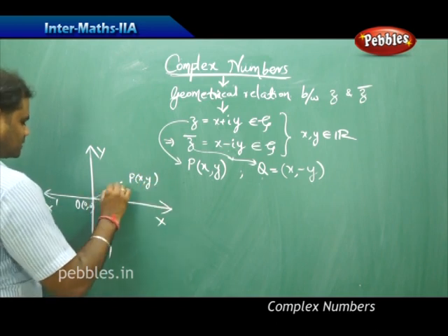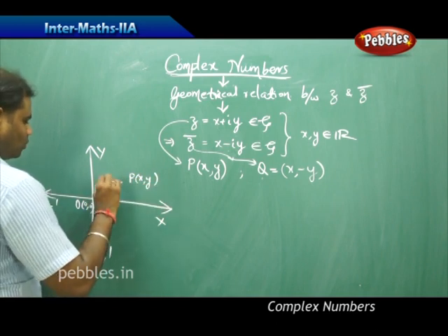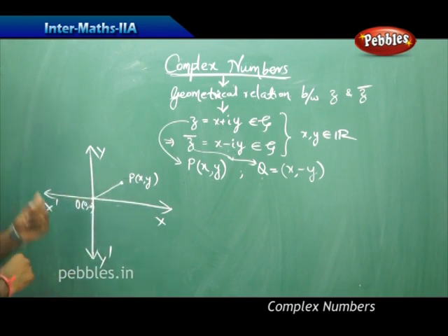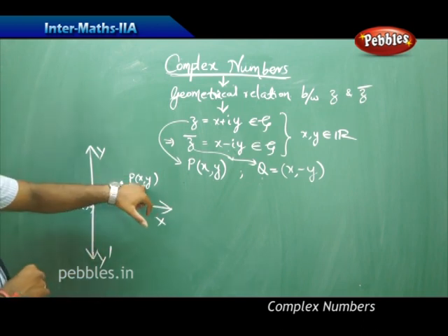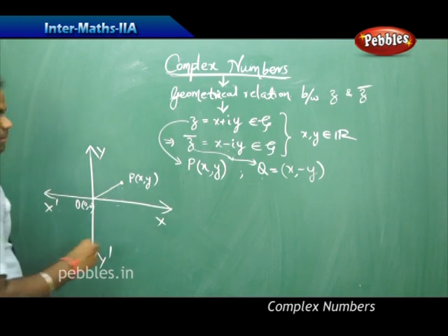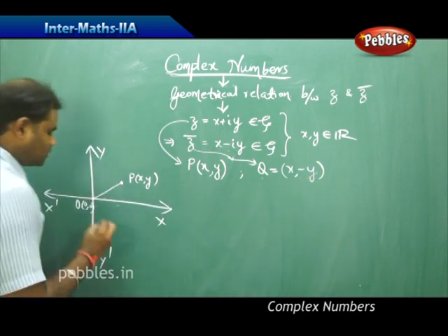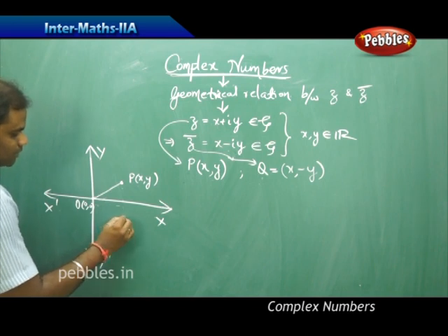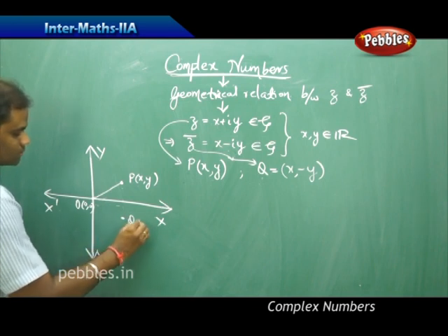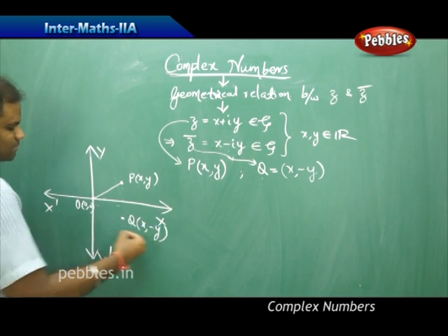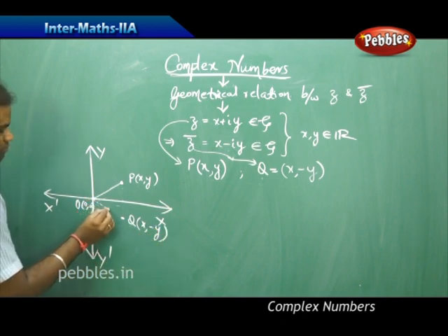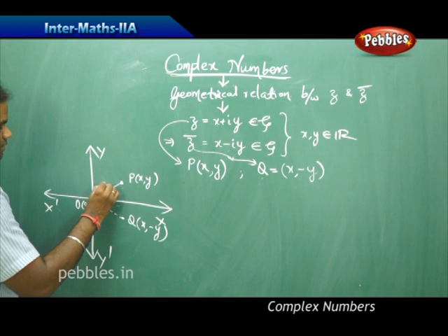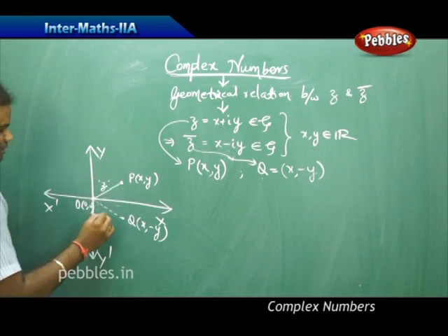Then in that case OP represents the complex number z, because OP is connected with x, y. Now let me plot x, minus y out here. That is, I go x units here and equally minus y here. Therefore, my Q is x, minus y. So this represents z and this represents the conjugate of z.